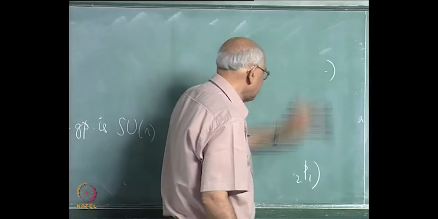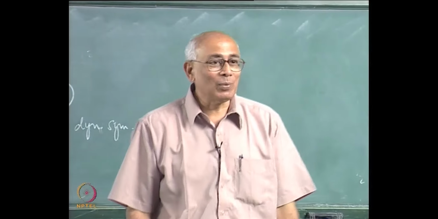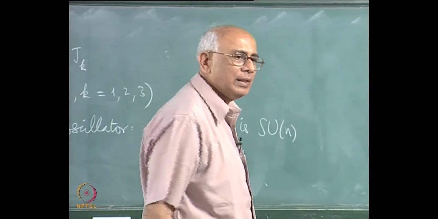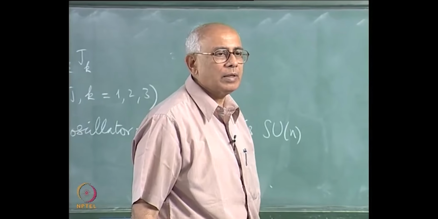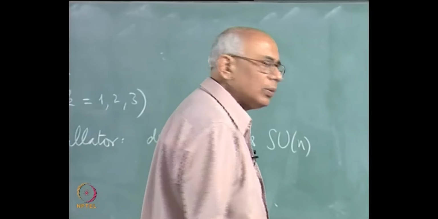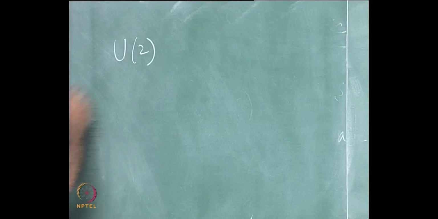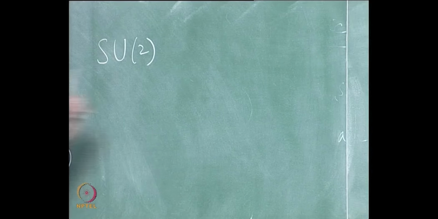Well, we could start from 1 by 1 matrices, and then go on to 2 by 2, 3 by 3, etc. The simplest non-trivial case is SU(2). So let us look at that. We want to look at all unitary 2 by 2 matrices which have unit determinant. I want to look at the set of all these matrices, and I permit complex entries.